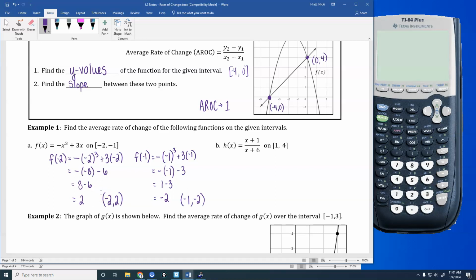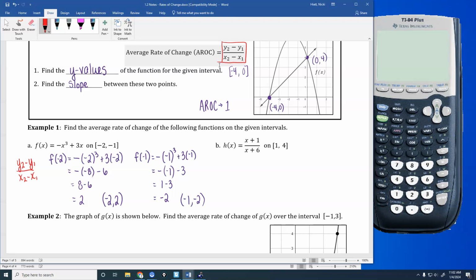Okay, so now that I've got 2 points, I can use my slope formula. And that slope formula that you learned long ago is y2 minus y1 over x2 minus x1. It's up here, right here. So you subtract your y's on top, subtract your x's on bottom.